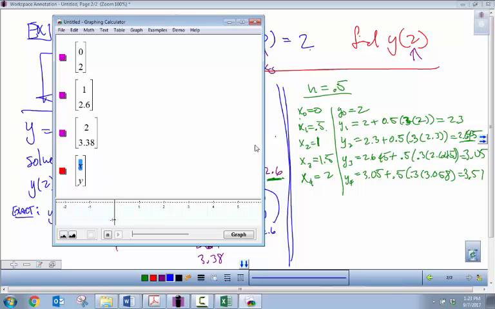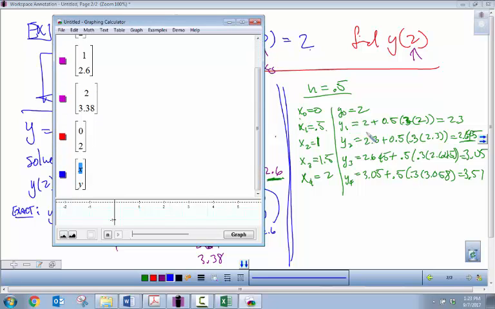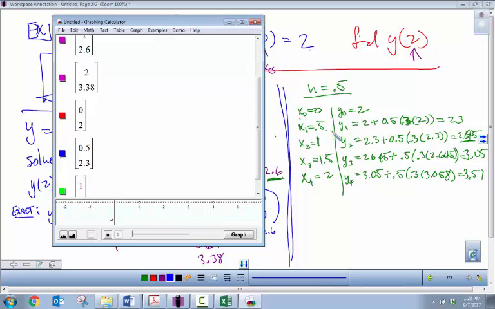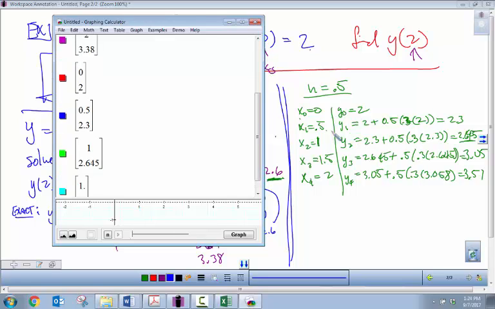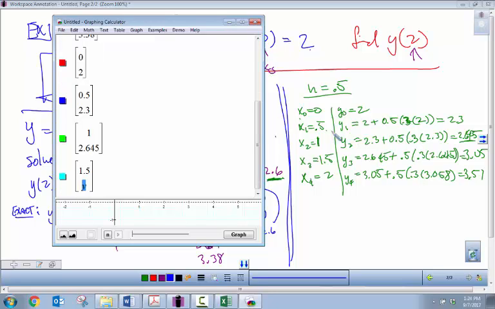Let's try 0 and 2, 0.5 and 2.3, 1 and 2.645, 1.5 and 3.05. I should have just done this all in Excel.